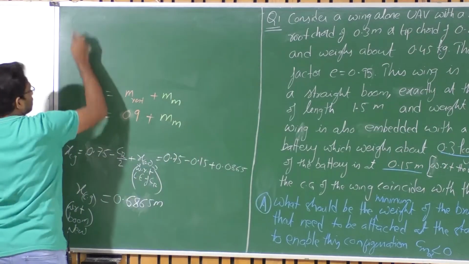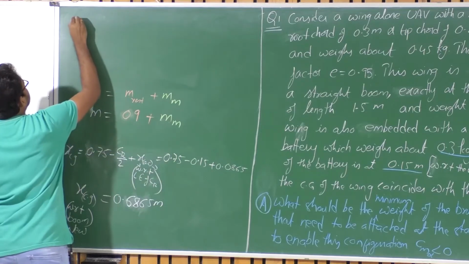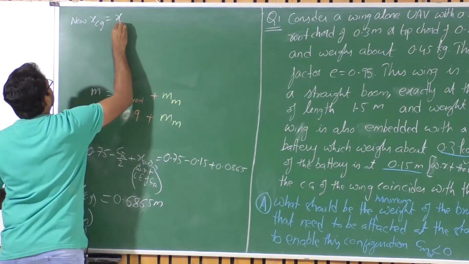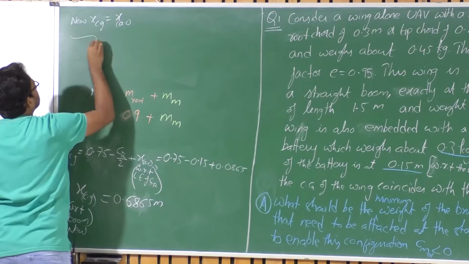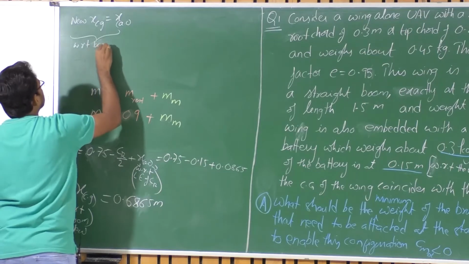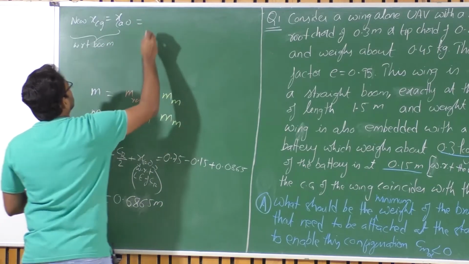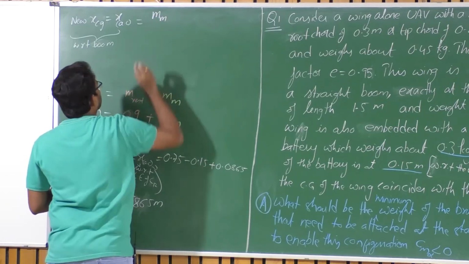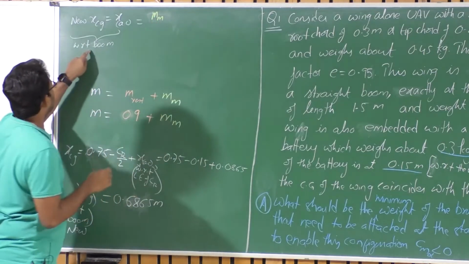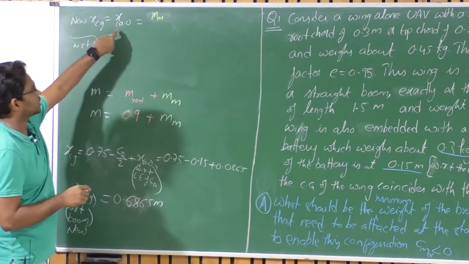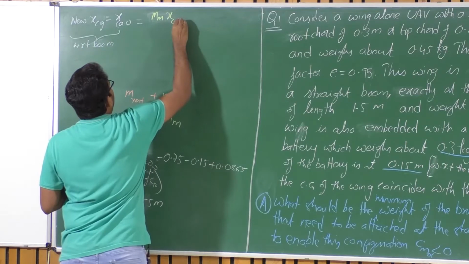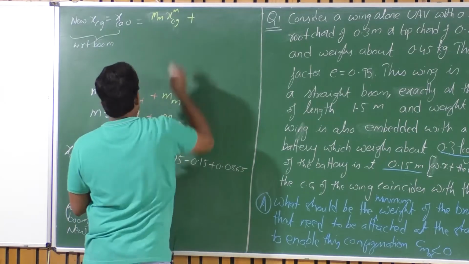So the new XCG, which has to be the X aerodynamic center, with respect to the starting of the boom, equals the motor mass mm times x, the additional weight. With this additional weight, we are trying to shift to the new CG from the current CG, which is the aerodynamic center of the wing. So mm times x CG of motor plus the rest.